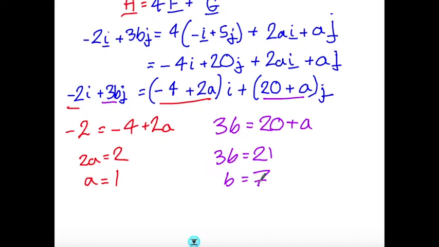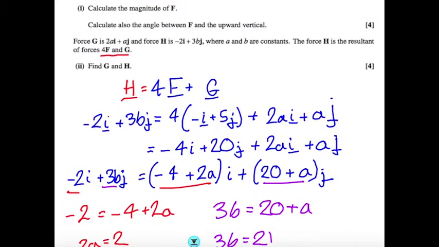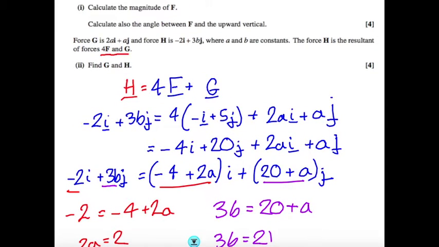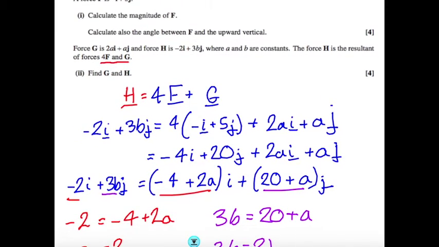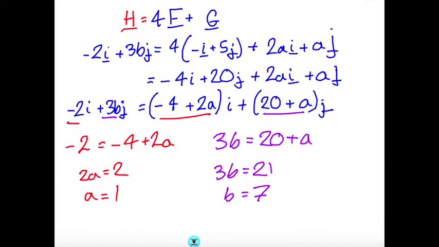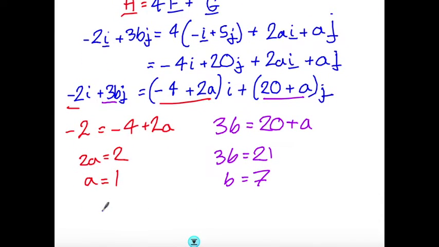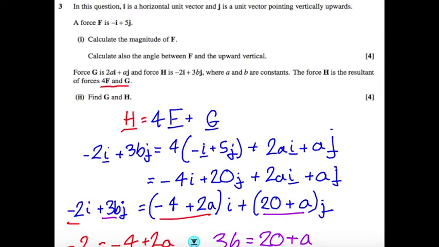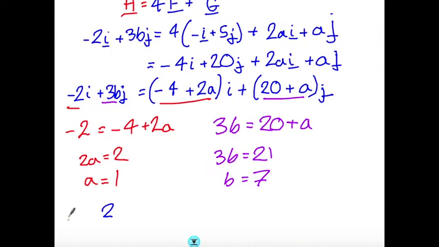Right, so we've got a and b, we've just got to make sure we go back and actually answer the question. So they wanted us to write down G and H. So G was 2ai plus aj. Because a is 1, that's just going to be 2i plus j, so 1j.